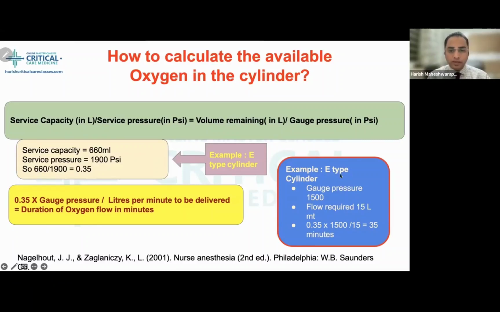For example, if we are using an E type cylinder, the total service pressure is 1900, but the gauge is showing around 1500.